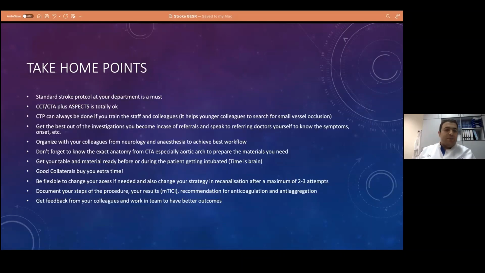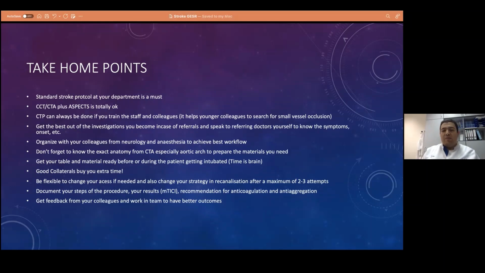And last, but not least, my take-home points for stroke treatment. You have to have a standard stroke protocol at your department. This is a must. CT and CTA as well as ASPECT score is totally okay.